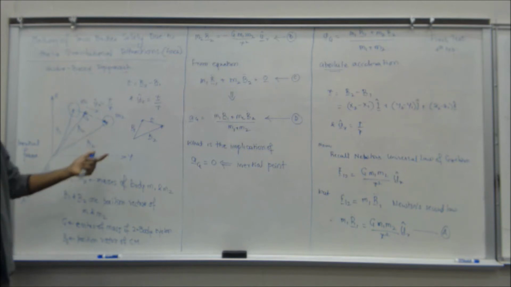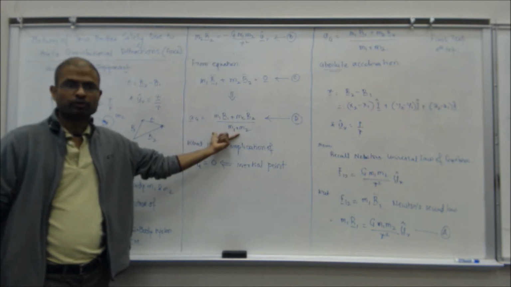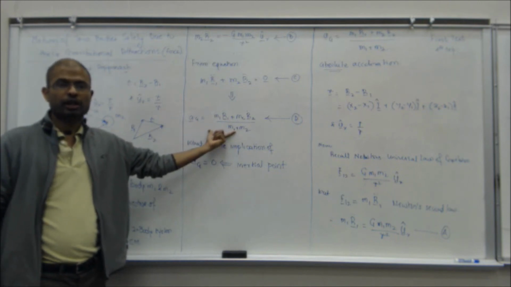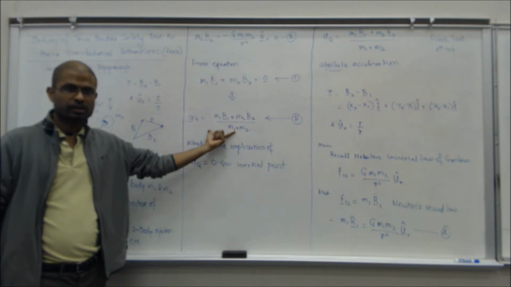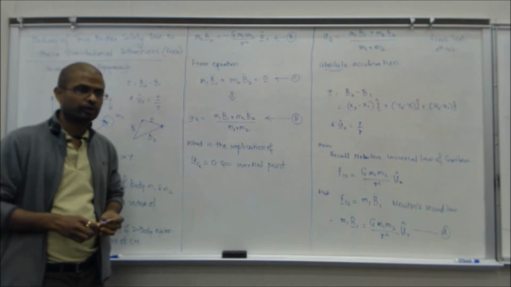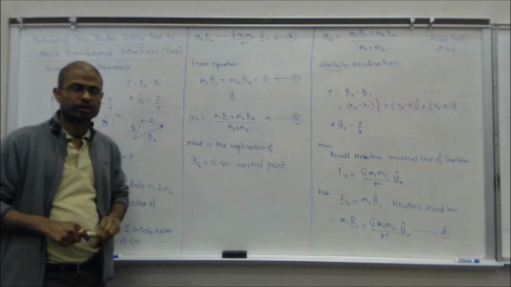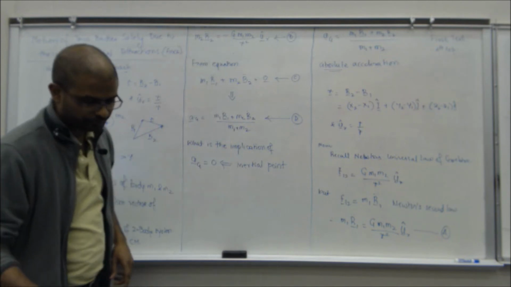This is the first thing we proved, so this could be an exam question. Prove that the center of mass of two bodies under pure gravitational forces is an inertial point, or that point is moving with a constant velocity. You should be able to go through all this derivation.